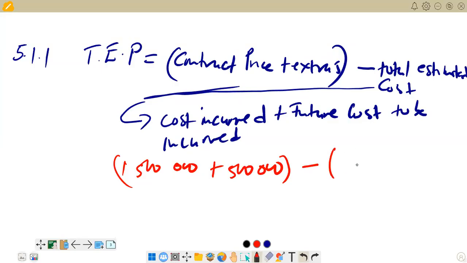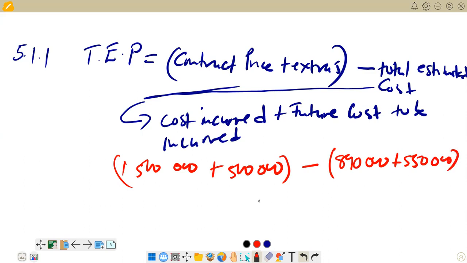We also create brackets there for the estimated costs. The cost incurred, remember, is 890,000. Then we add our future cost to be incurred, which is 550,000 here.